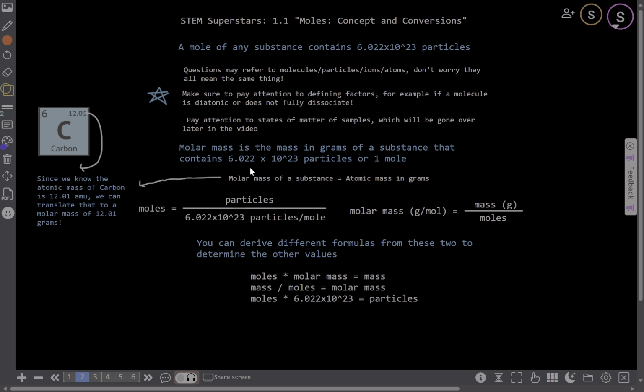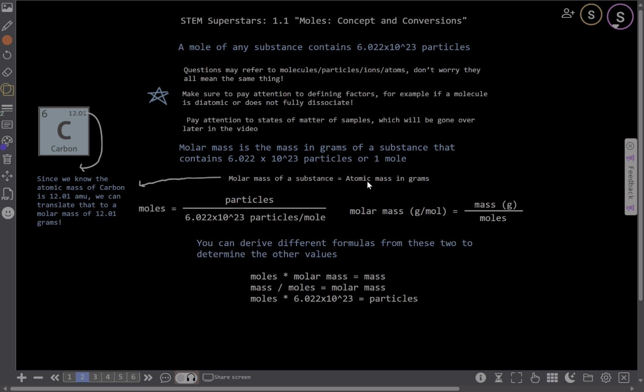Another thing to remember is the molar mass of a substance is equal to the atomic mass, but in grams. The atomic mass of carbon is shown on the periodic table, as it is for every other element, generally at the bottom, but in this image it's at the top. We see that the atomic mass is 12.01 AMU, and we can translate that to a molar mass of 12.01 grams.